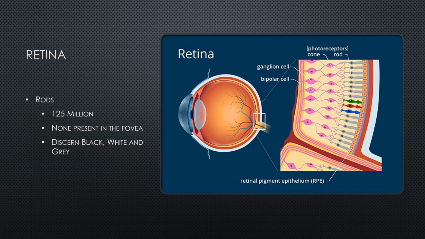They do require about 30 minutes to adapt to the absence of light. Each rod contains a substance called rhodopsin, or visual purple, that acts as a chemical amplifier, increasing vision in dimly lit situations. Rhodopsin is broken down by light and must be continuously synthesized. Vitamin A is the main component of rhodopsin.